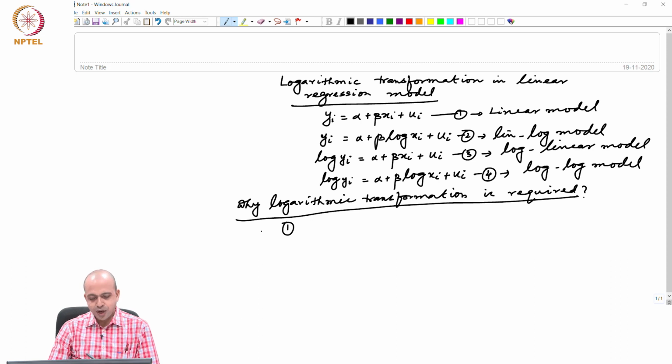What am I saying? Sometimes your dependent variable y is non-linearly dependent on your x. How is this? Let us say that your yi equals 1 by 1 plus e to the power minus alpha minus beta xi.